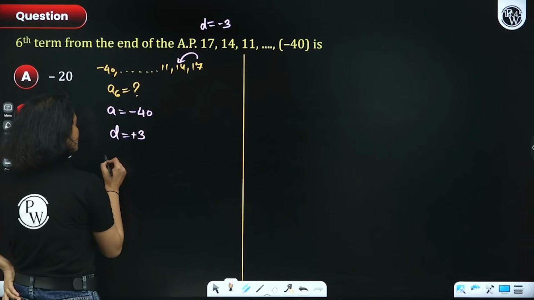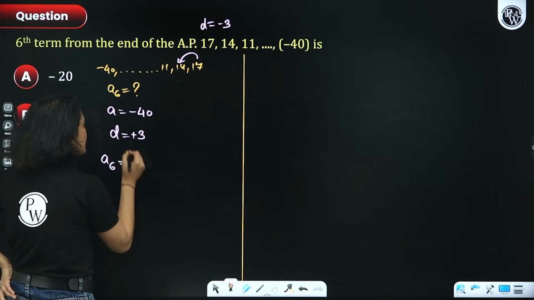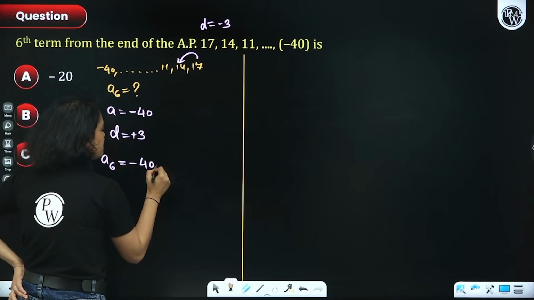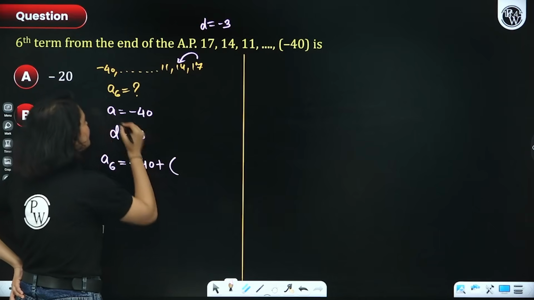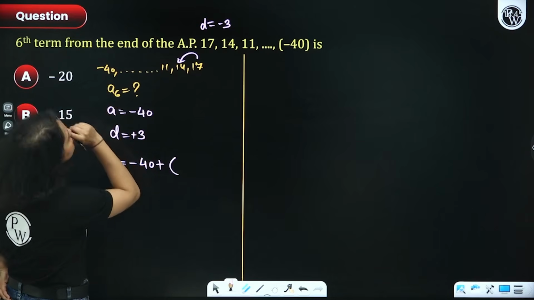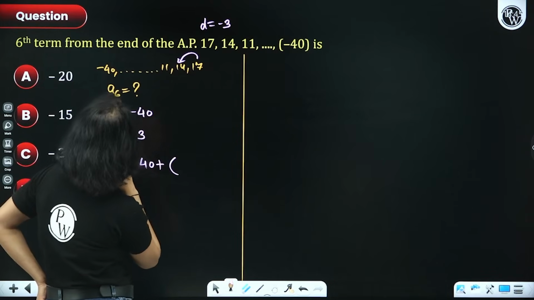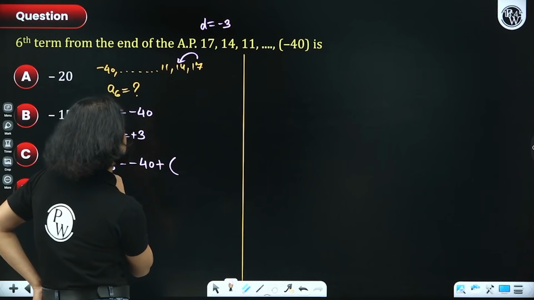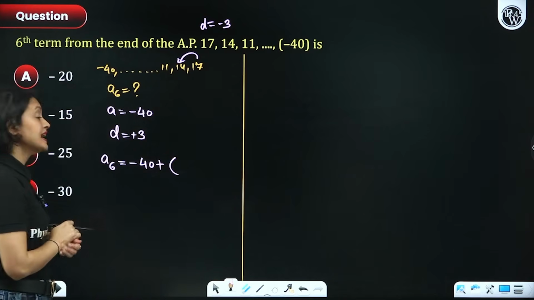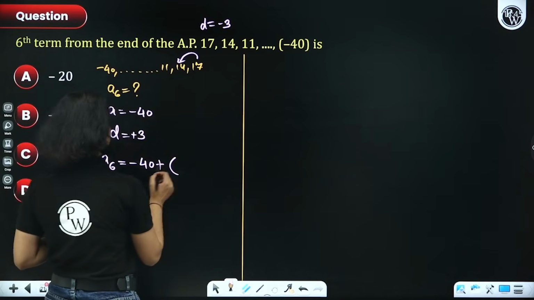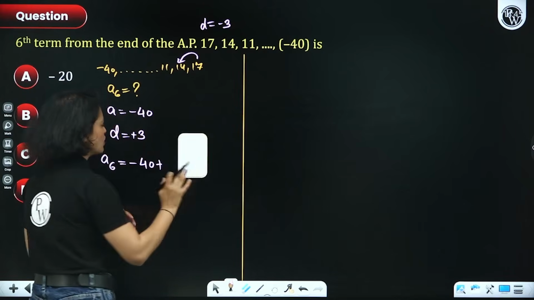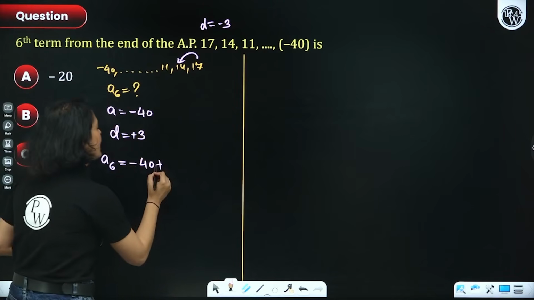Now can you not figure out A6? It's very easy. Negative 40, that is A, plus (n minus 1) D. What is n, everyone? We don't know the value of n. Oh, we don't know the value of n. Okay, there is a problem, everyone. What is the problem? Actually, we do know the value of n. I'm so sorry, guys.